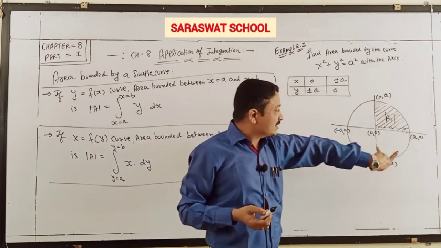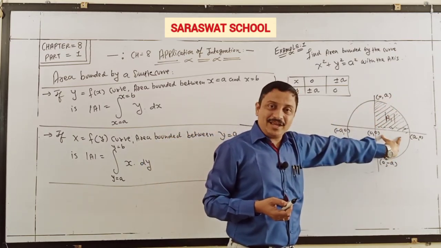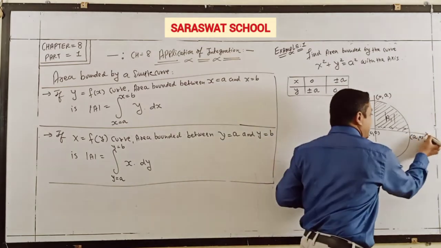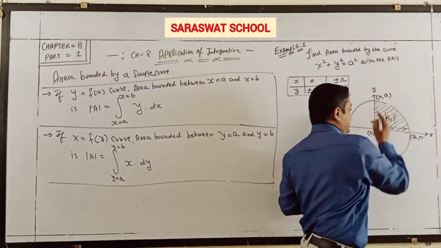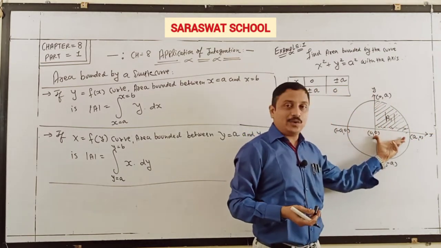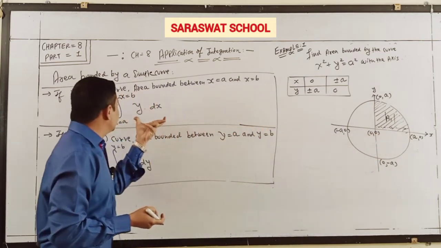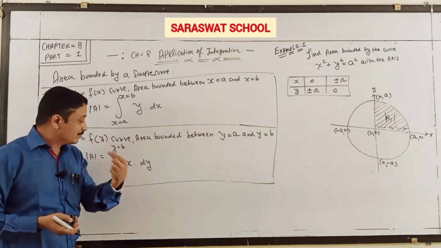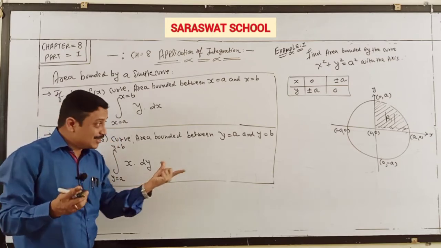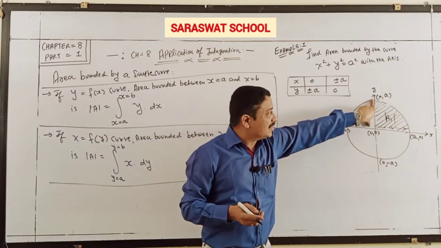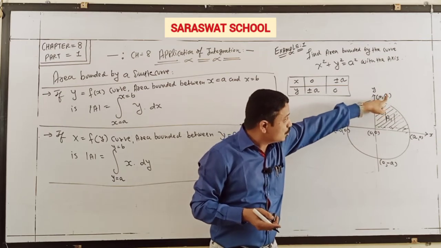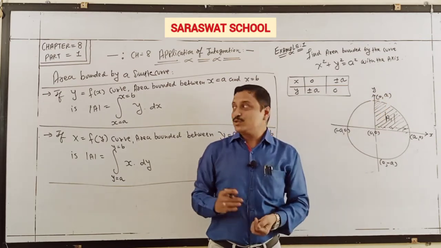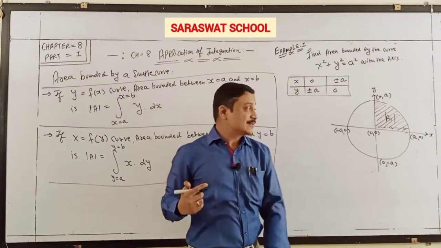This is your x-axis, that's your y-axis. Taking the x-axis, 0 to a, and in the formula this dx means x-axis bounded. Dy is also correct. If you take dy, it means you take the y limit 0 to a, same as that. So I explain it first this way.